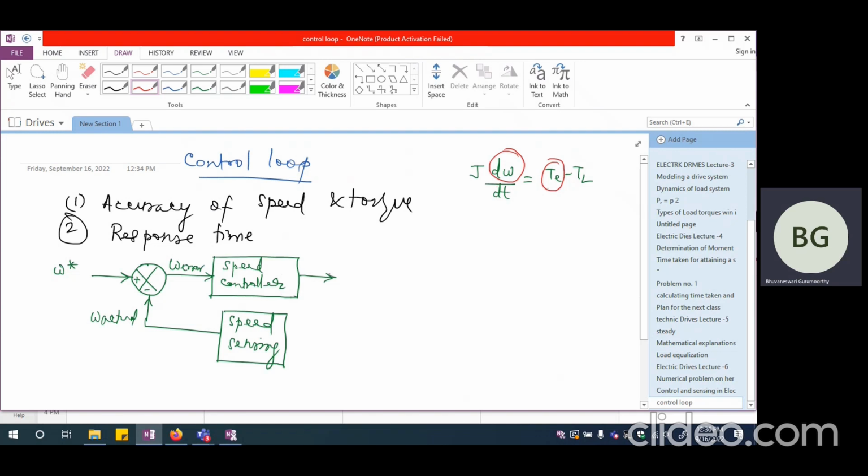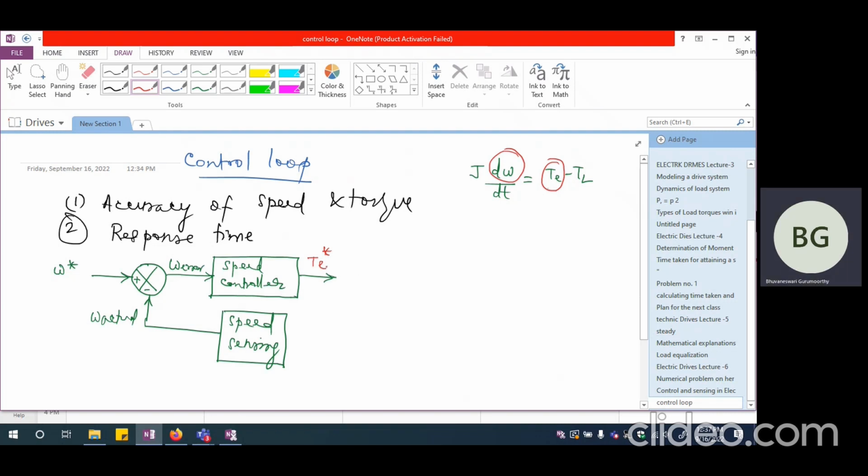So the speed controller invariably will say so much of torque needs to be developed so that the error in the speed can be bridged, or the gap in the speed can be bridged. So the torque is going to be the stimulus which will actually bridge the gap in the speed.